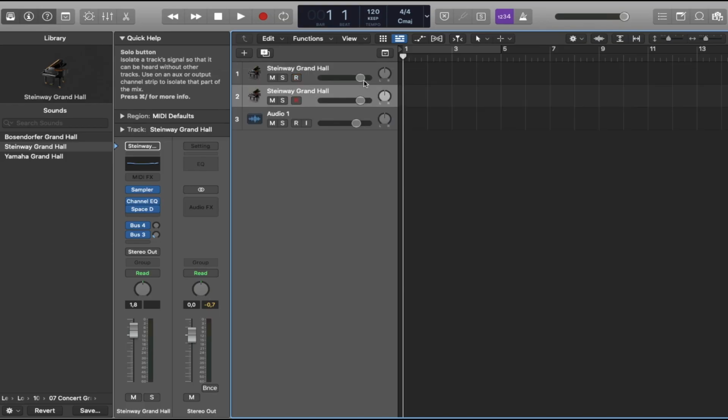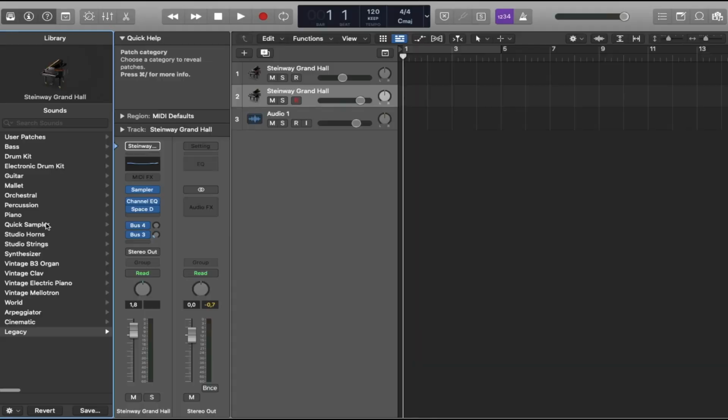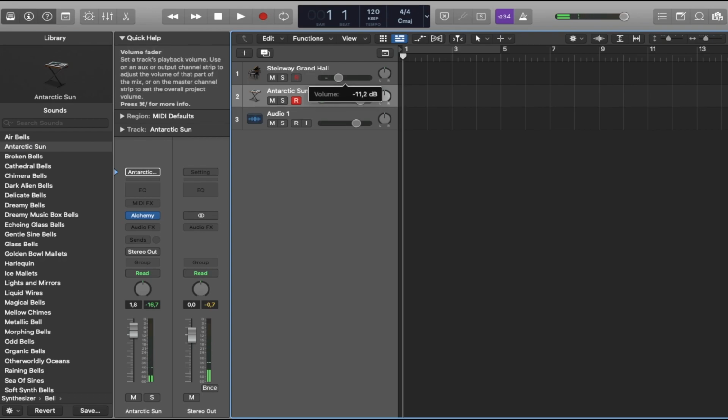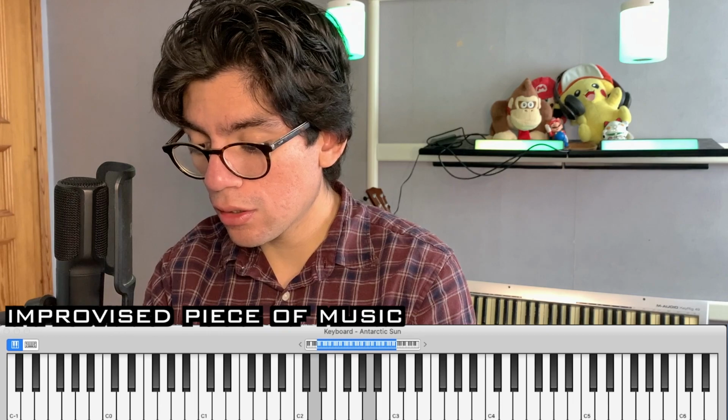So if I were to make something that sounds watery, I might have the piano there, lower it a little bit in volume, then maybe add a bell, and let's make it play simultaneously. So let's do something like this.